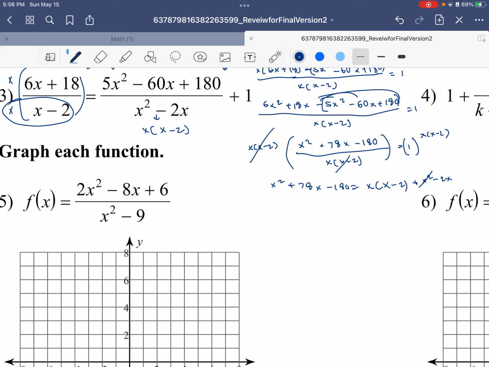And so we can cancel out the x squared, and we're left with 78x minus 180 equals negative 2x. So what I'm going to do now is move 2x over so that we can solve for x.